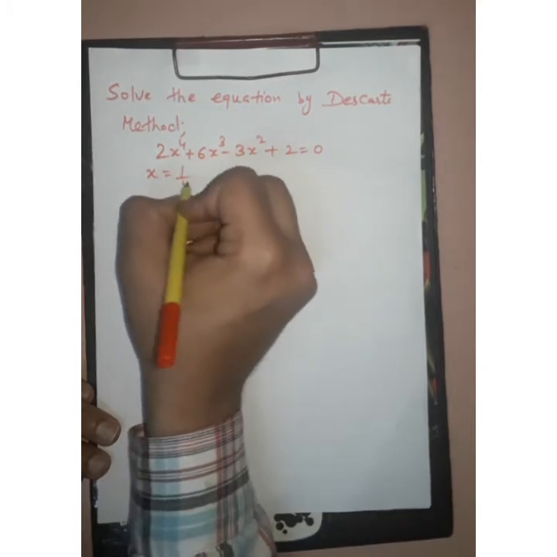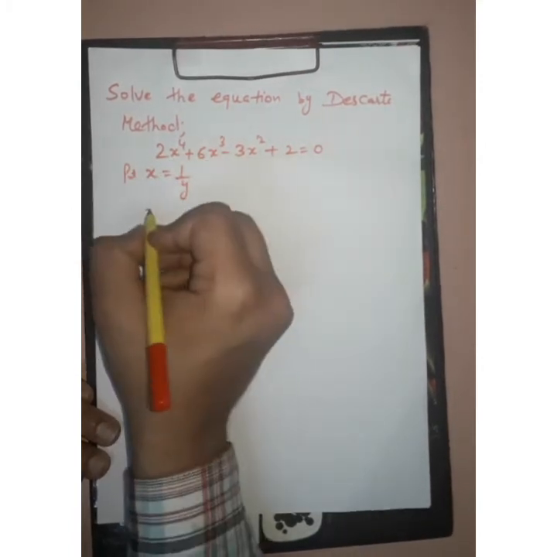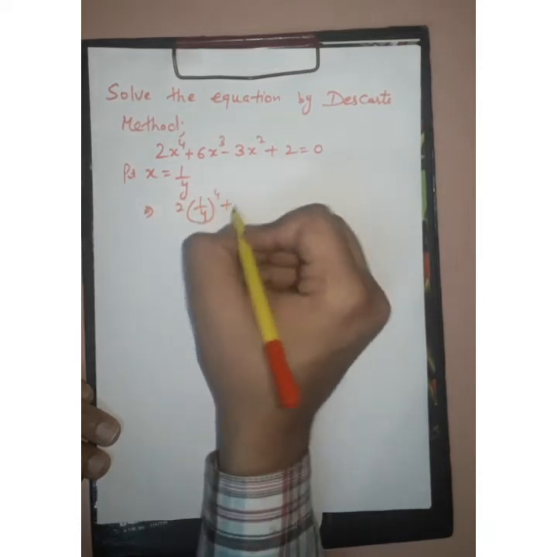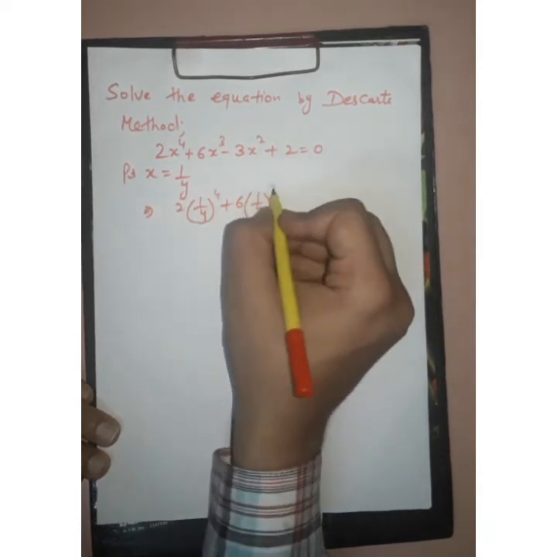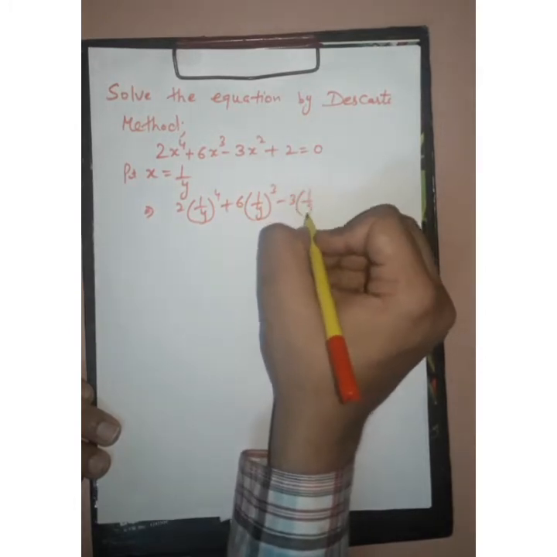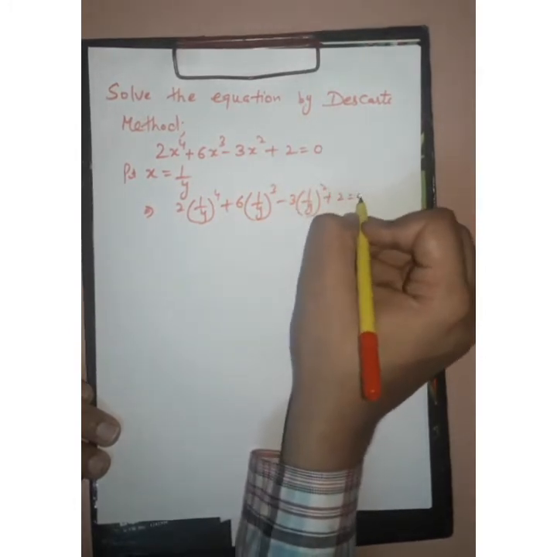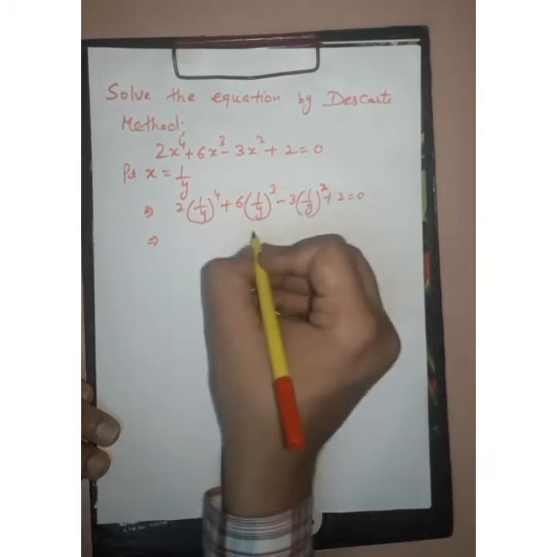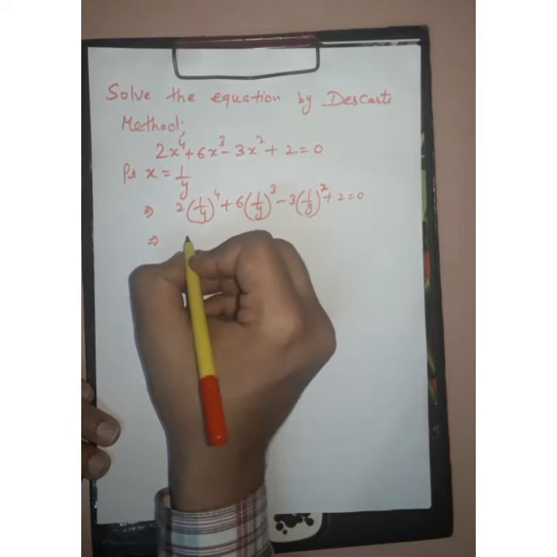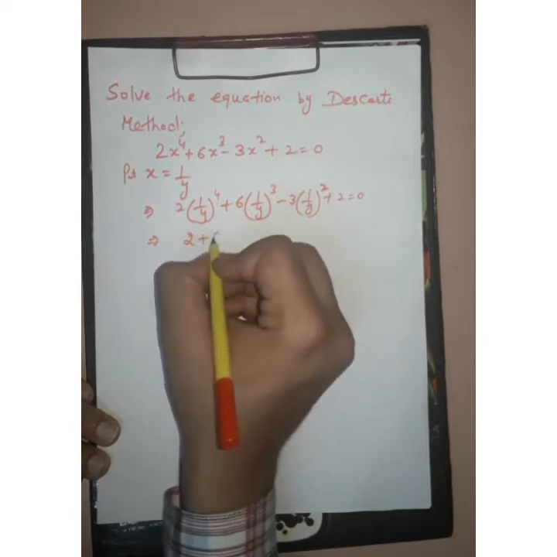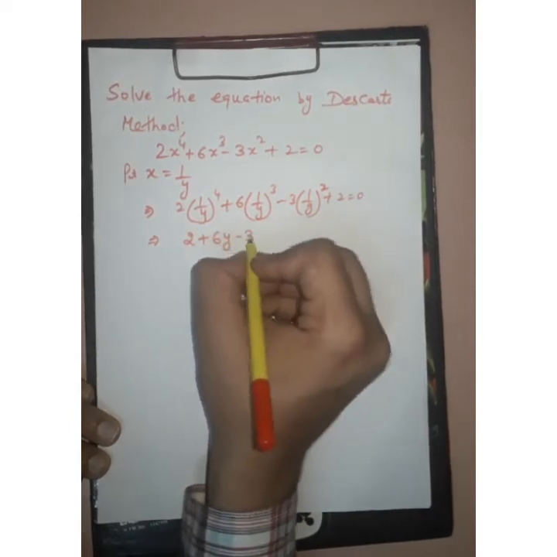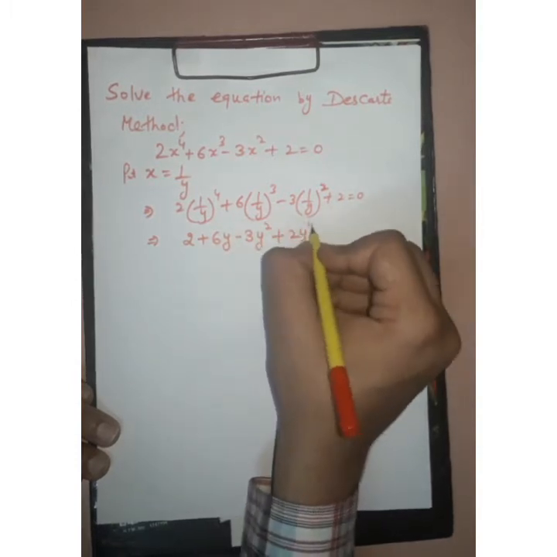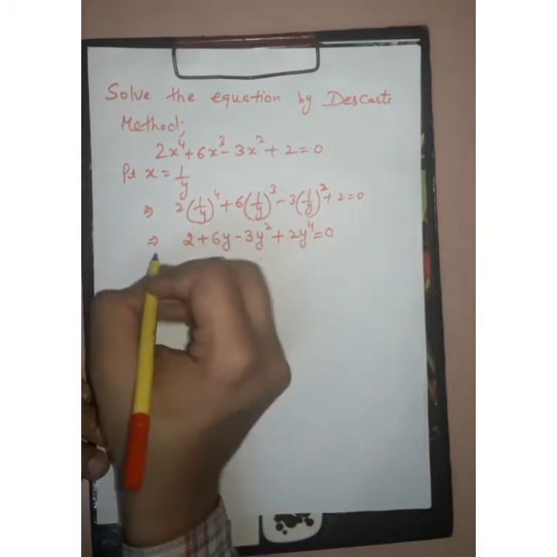Let us put x equal to 1 by y, so you will get 2 (1 upon y)^4 plus 6 (1 upon y)^3 minus 3 (1 upon y)^2 plus 2 is equal to 0. After taking the LCM y raised to power 4, you will get 2 plus 6y minus 3y square plus 2y4 is equal to 0.